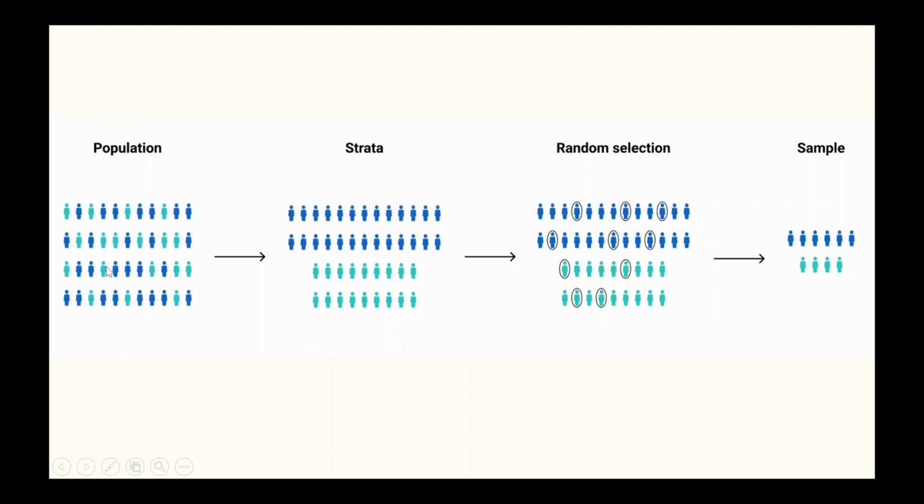From a population with 2 groups of people, we can have strata, which is the division of the entire population into homogeneous groups. When we say homogeneous groups, these are groups with common characteristics. So from strata, we can randomly select our sample, depending on the total number of population and also the total number of people or objects in each group. So we can finalize our sample.